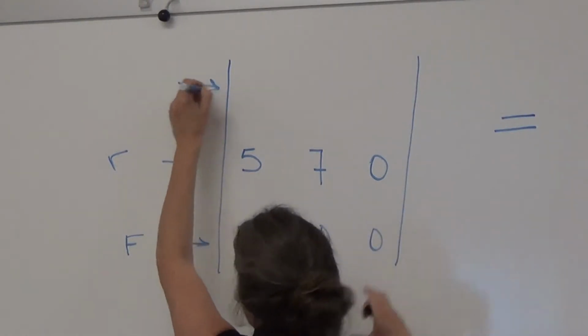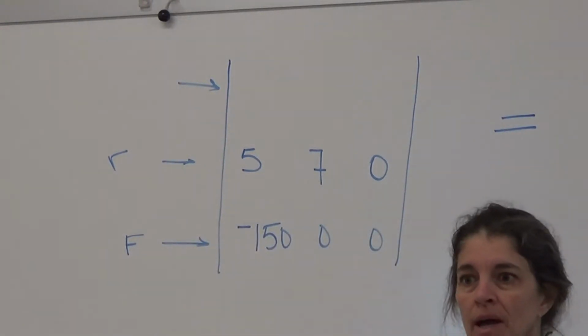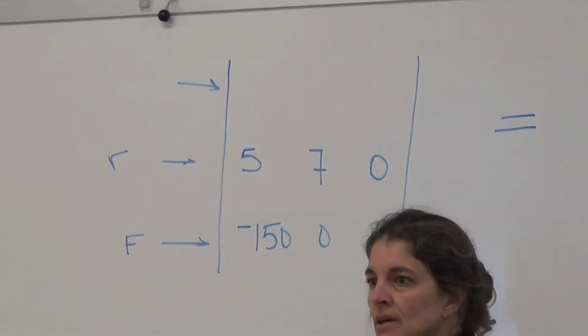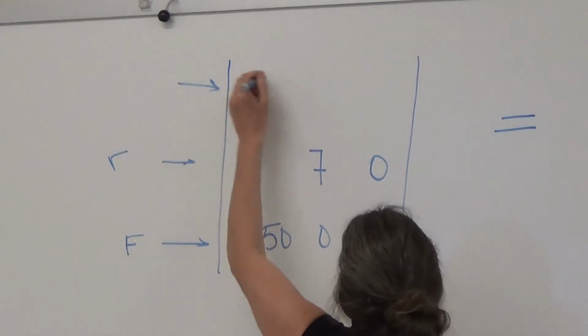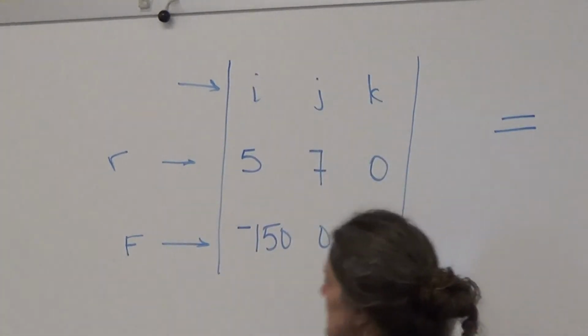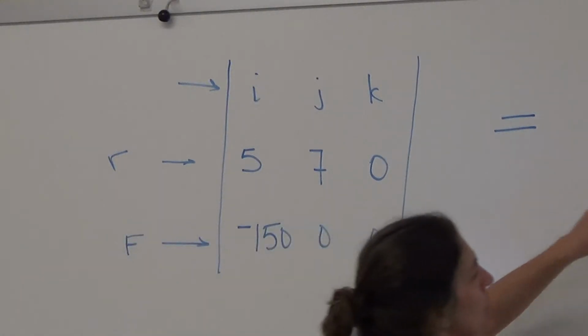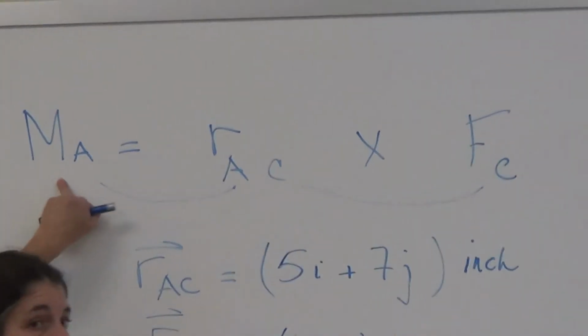And what does the top row represent? IJK. Why do we have the top row? Because in the end, we're crossing two vectors, and a cross product gives us a vector, right?